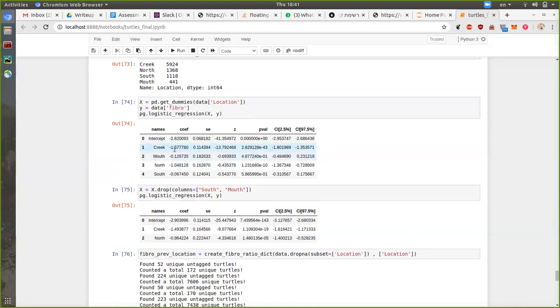And then we're trying to see how much each of the locations actually affects the chance of a turtle having fibro there. And here I'm getting some weird results. The mouth and the south of the creek have really high p-values.